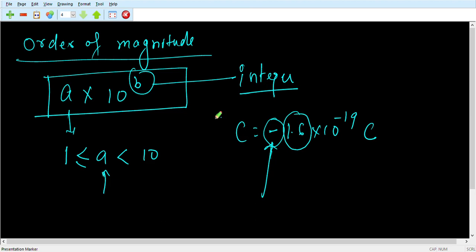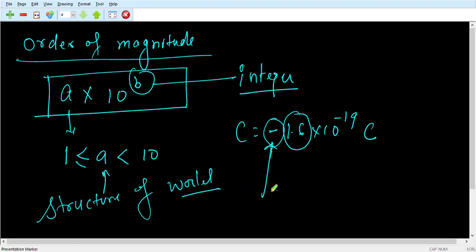Now the next topic is the structure of the world. After extensive experimental work, people arrived at the conclusion that the world is made up of just three types of ultimate particles. You are already aware of these particles: proton, neutron and electron.